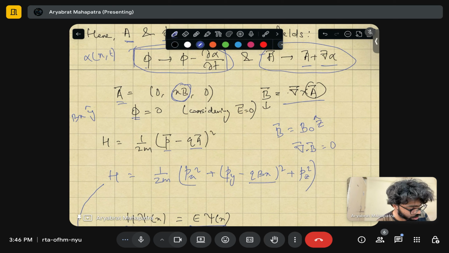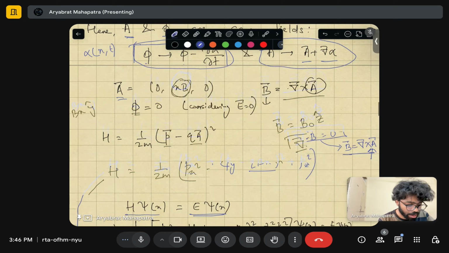From here you write an identity: if B is the curl of some other vector, then this statement is valid. So from there you get the definition of the vector potential.